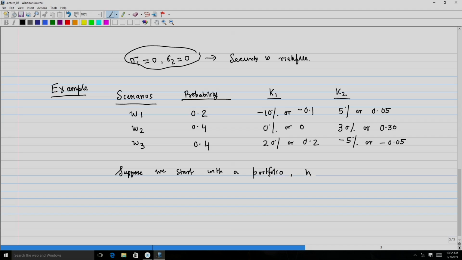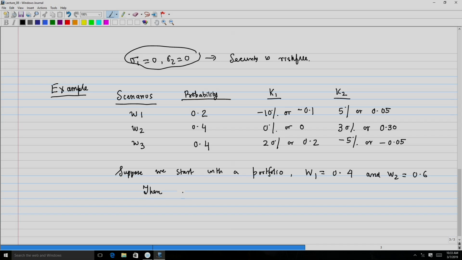We start with weights W 1 equal to 0.4, that means 40% of the wealth is allocated to the first asset, and W 2 naturally in that case is going to be 0.6 or 60% allocated to the second asset.